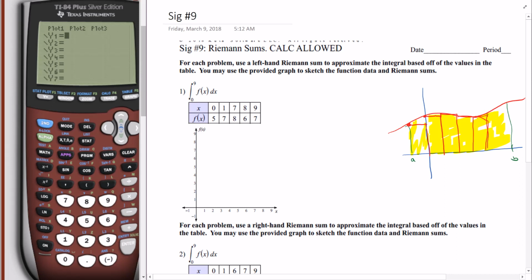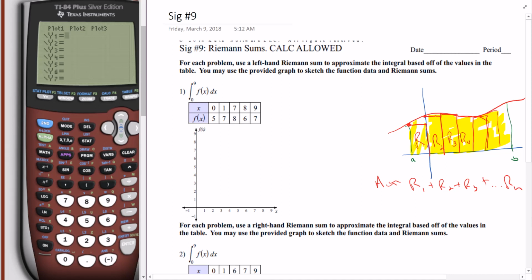And then if we added all these rectangles together, if we added all these things up, we would have an approximation for the area. So that's what the Riemann sum does.